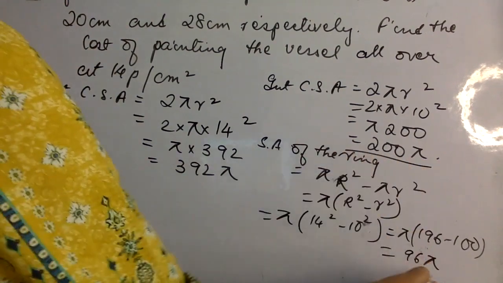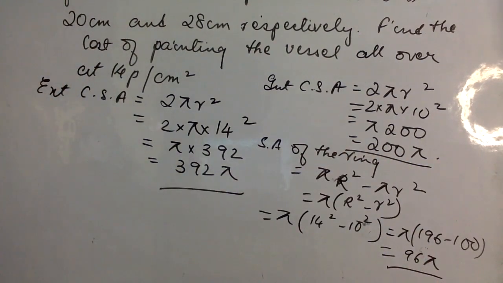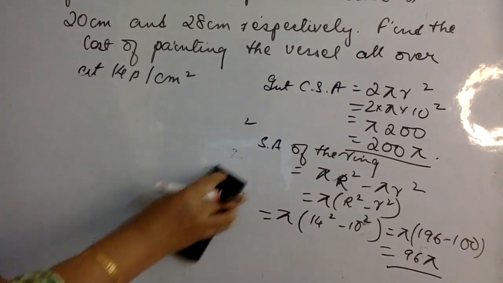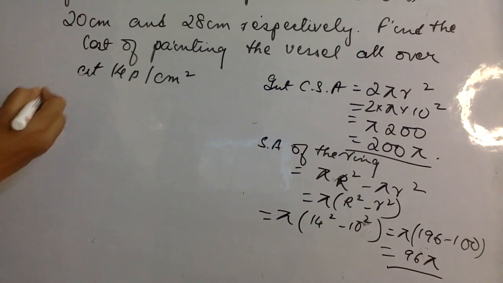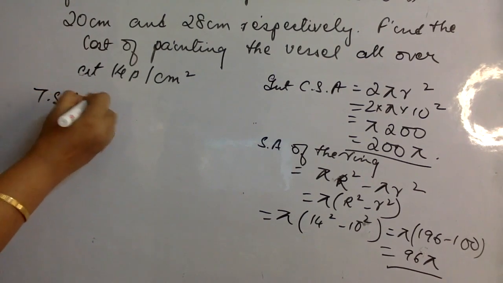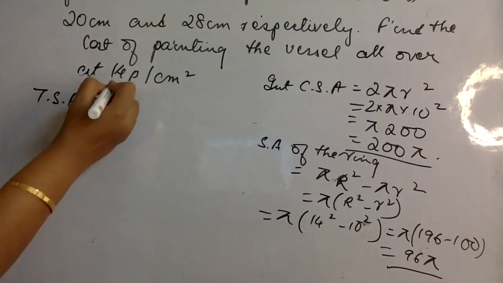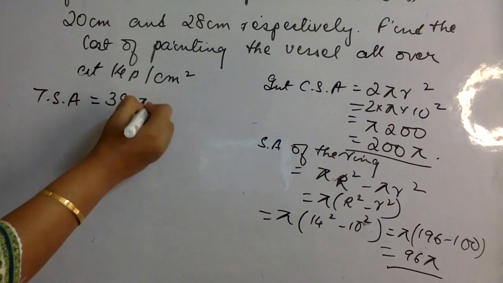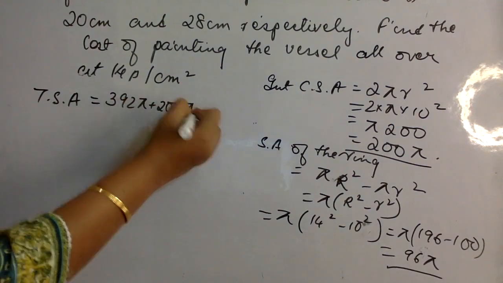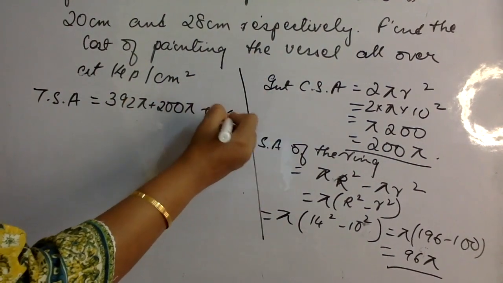Now these are our three answers, all three surface areas. Okay, what we are going to do is now we are going to add these three and that will give us the total area. Okay, so we are going to add them. So TSA now of the hemisphere is 392 pi plus 200 pi plus 96 pi.